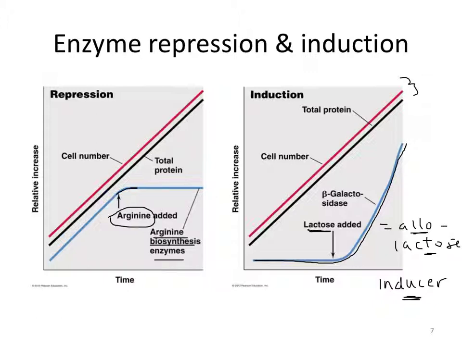So the addition of arginine caused the level of that particular protein to plateau, to stop increasing. This indicates that arginine is acting as an effector molecule and that it is acting as a co-repressor type of effector molecule. Let's consider the regulation of these genes, those for LAC-Z, the gene that encodes beta-galactosidase, and also those that are important for arginine biosynthesis.